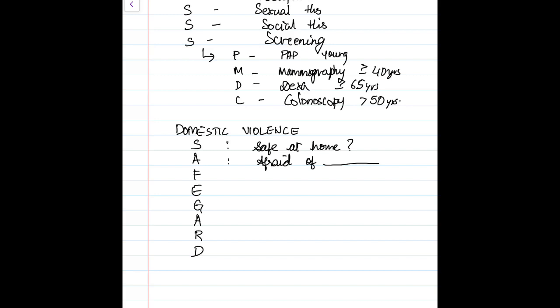And F stands for, does anyone in your family know about it? E is, do you have an emergency exit plan? G is for, do you have a gun at home?